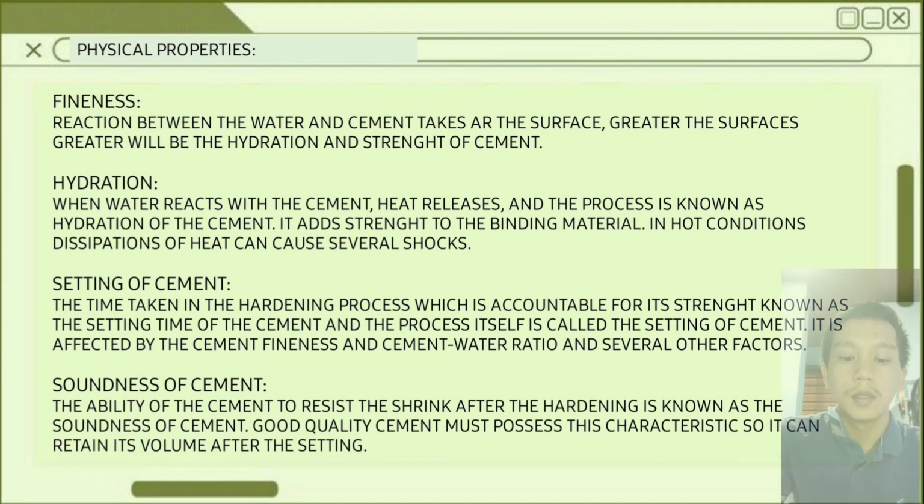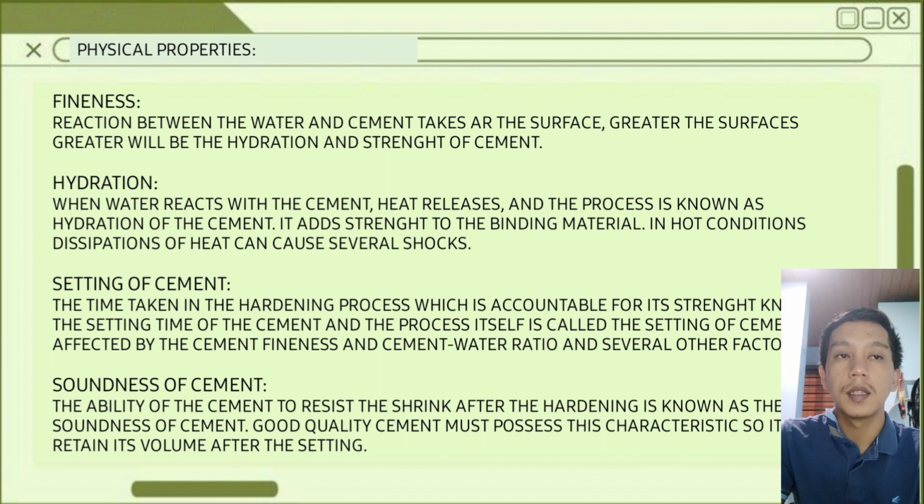So first type of physical properties of cement is the fineness. Fineness reaction is the reaction between the water and cement that takes place on the surface. Greater the surface, greater will be the hydration and strength of cement.